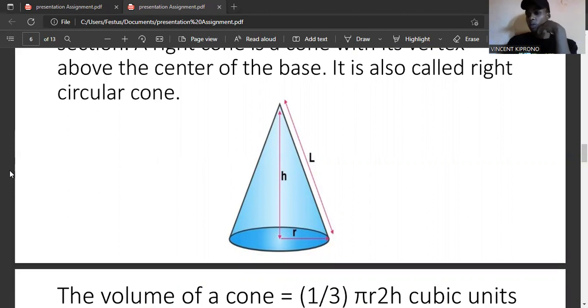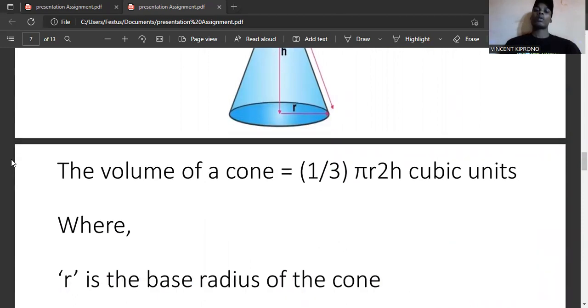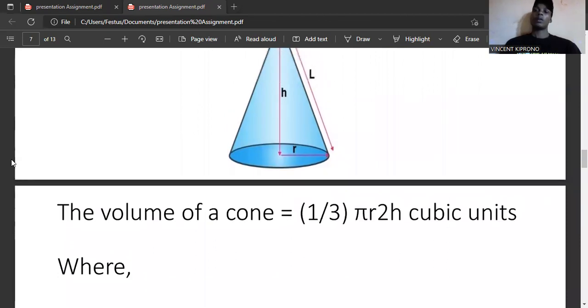Okay, for this case, we will take the slant height to be the length, and the radius. Then we have an example. Let's have an example of how to calculate the volume of a cone. And the formula of a cone, we say a third pi r square h.